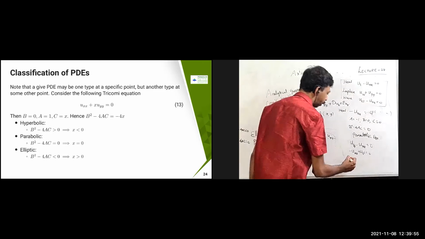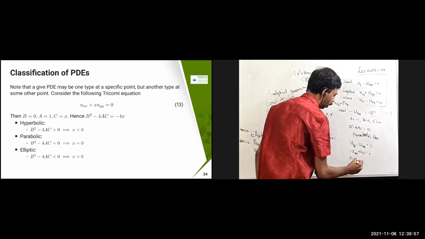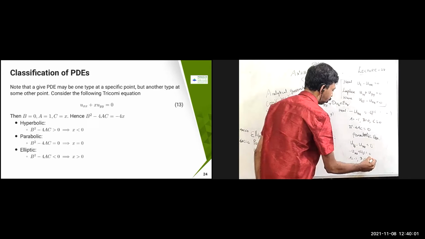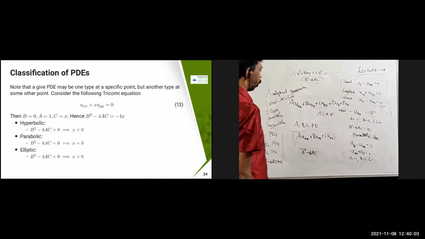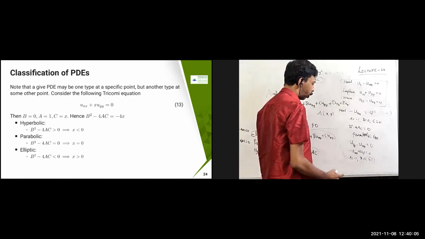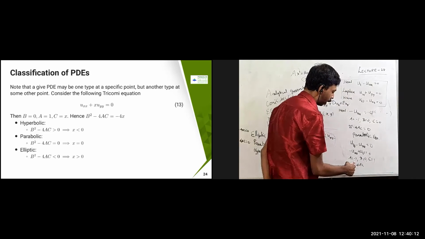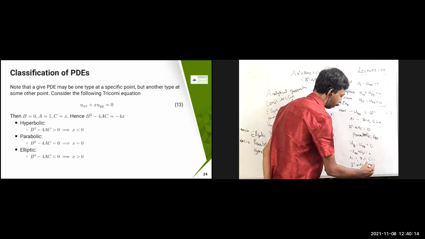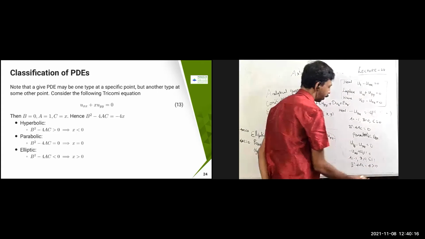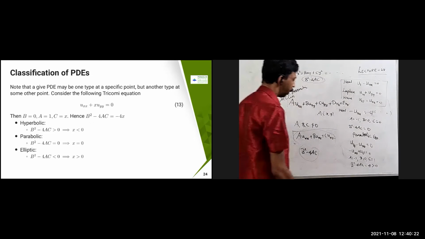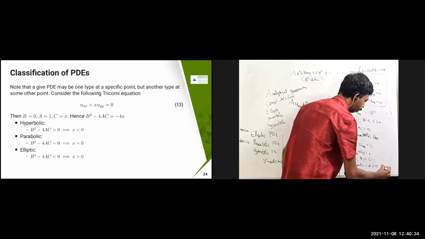So here a is once again minus 1, b equals 0 and c equals 1. So b squared minus 4ac is going to be 0 minus, minus 1 times 1, which gives 4. Therefore it is greater than 0, and the wave equation is a hyperbolic PDE.